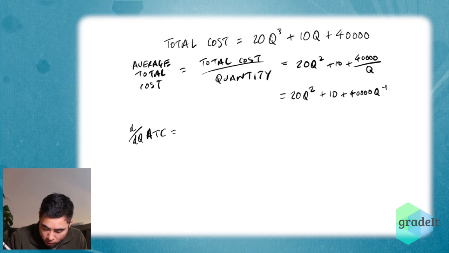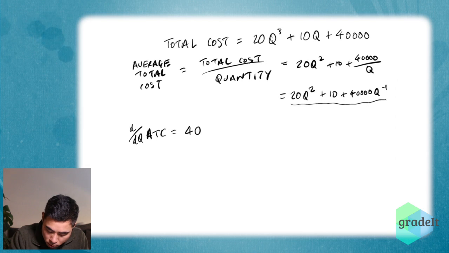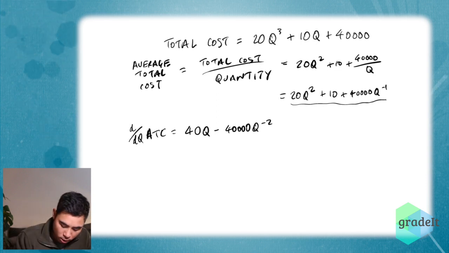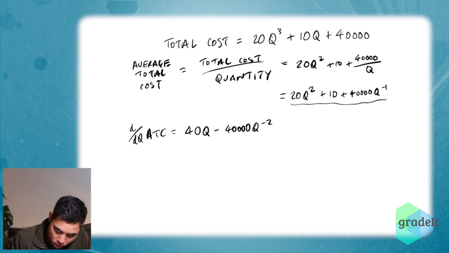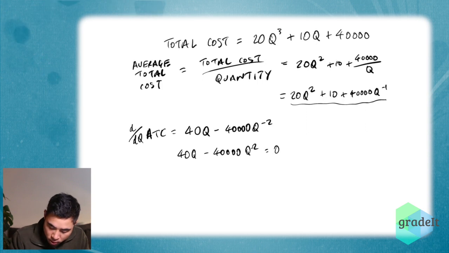So if I find my first derivative, differentiating what we have here, that gives me 40q, your middle constant term disappears, and then I get minus 40,000 q to the minus 2. Okay, so now if I set this equal to 0, I get 40q minus 40,000 q to the minus 2 equal to 0.